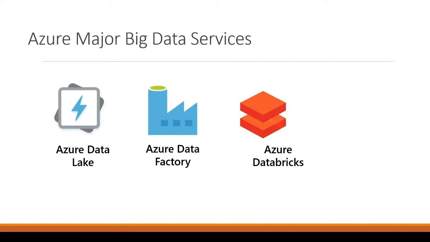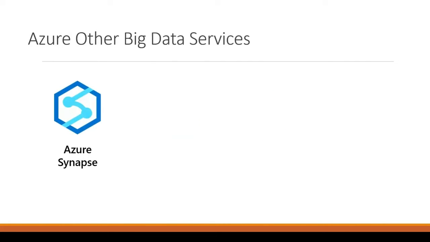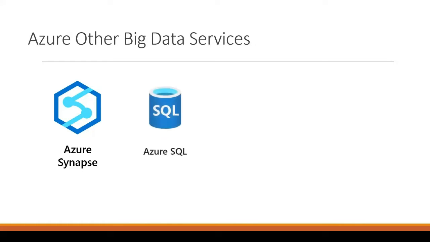And then we have Azure Databricks, which can be used to process or transform the data. There are some more technologies like Azure Synapse. It provides features available in all those three services: Azure Data Lake, Azure Data Factory, and Azure Databricks. So if you have learned Azure Data Lake, Azure Data Factory, and Azure Databricks, you will easily be able to work with Azure Synapse.